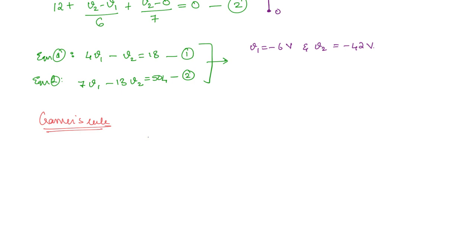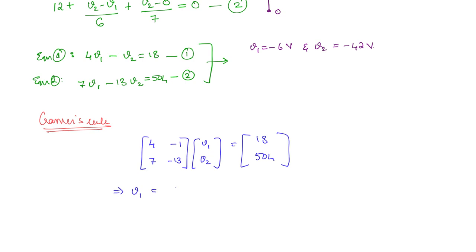How will you write it in the matrix form? Here you have V1 and V2. On the other hand side you will write 18 and 504, and here you're going to write the coefficients, so 4, minus 1, 7 and minus 13. Now from here you will get V1 is equal to delta 1 by delta and V2 is equal to delta 2 by delta.